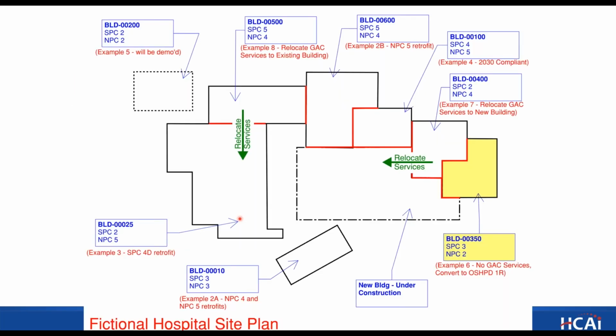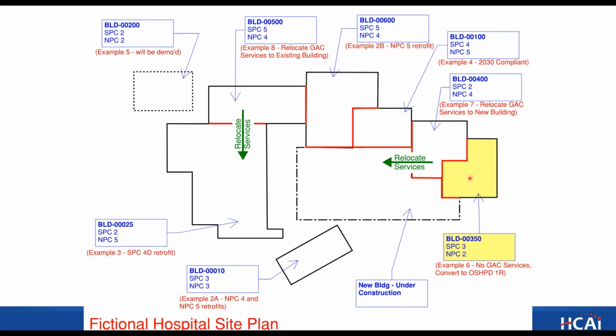Example number 6 is a building that already has no general acute care services in it. So if you have a building with administration possibly or some kind of outpatient, it's a building where you would not have to move any general acute care services and you just want to convert it to an OSHPD 1R, then this example will apply to you.